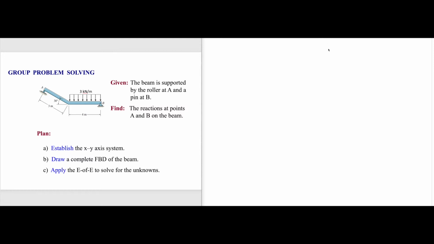In the quiz, I asked you the question where I gave you a beam, and there is a pin joint on the left, the roller on the right. I gave you a moment, 3 kilonewton times meter. I think numbers may change from student to student.